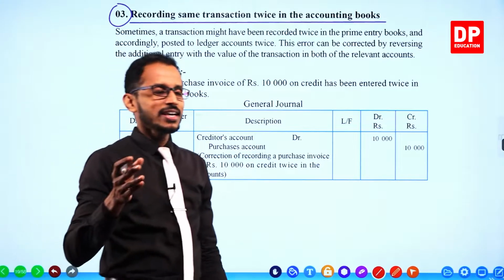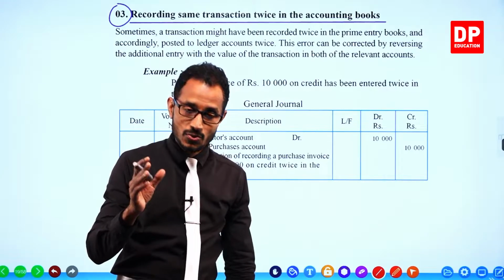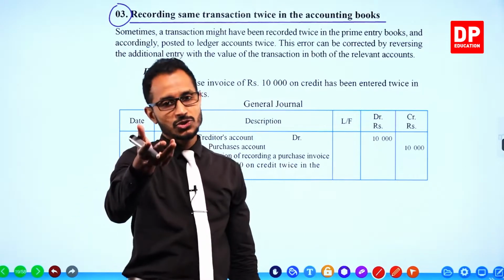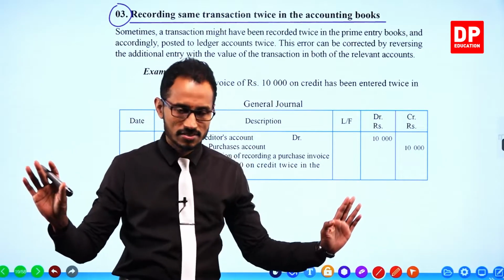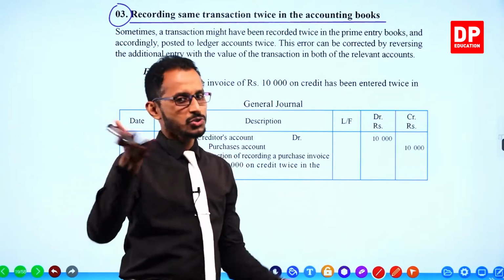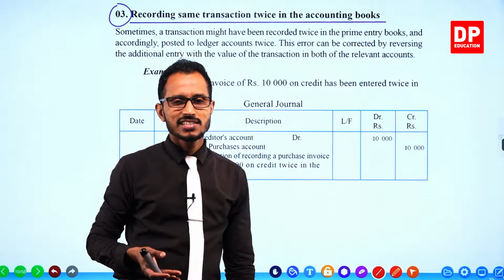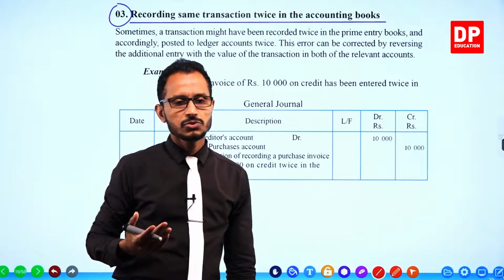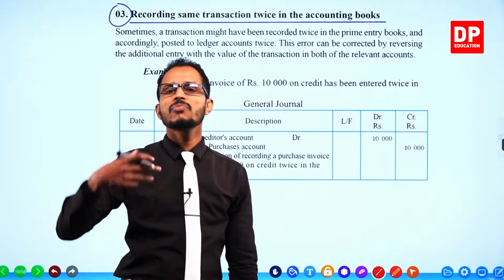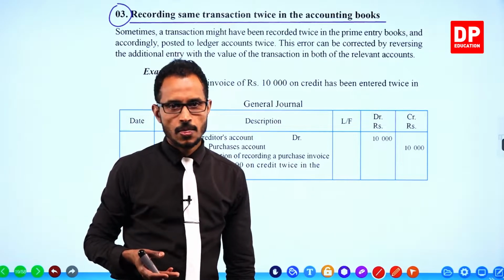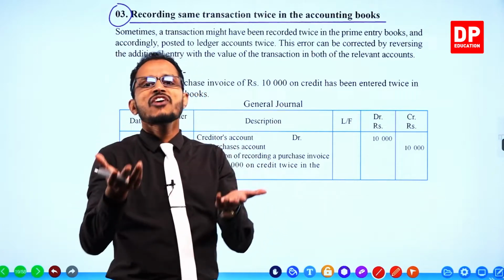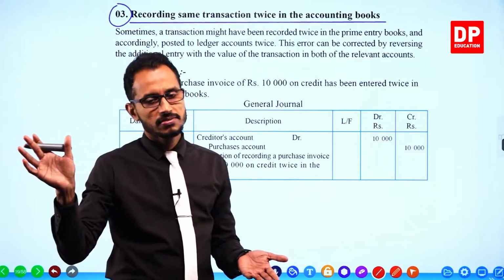But anyhow, in the exam paper, children, you will get errors given to you. You don't have to find errors or trace out errors. Errors will be given to you. You just have to come up with the rectifying double entry.